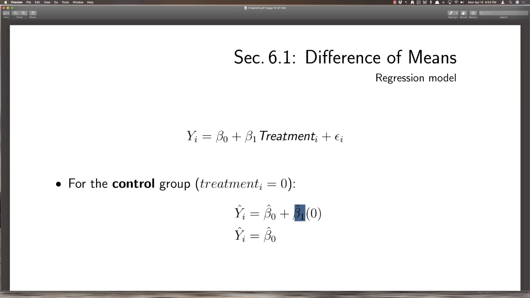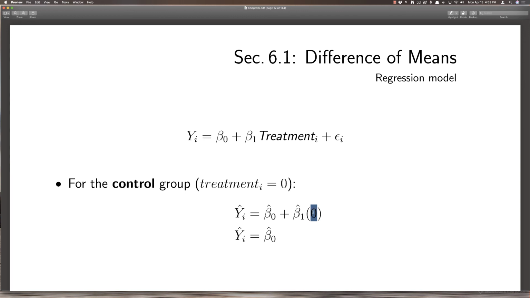So I run this regression, I get estimates for these two terms, the hats, and now I have this formula. And what I do is I'm going to plug in a particular value for the independent variable. Here it's 0 because everyone who didn't get the treatment got a 0. And I'm going to see what would be the fitted value for everyone who has a 0 for the treatment variable. So that's what I'm doing here.